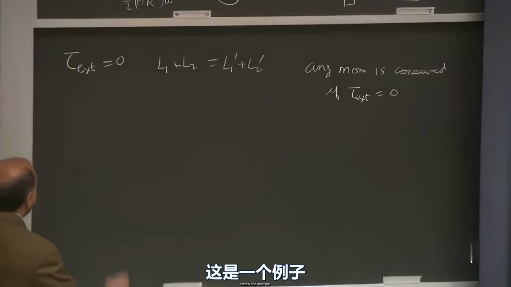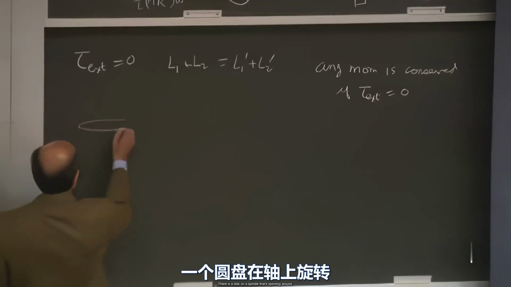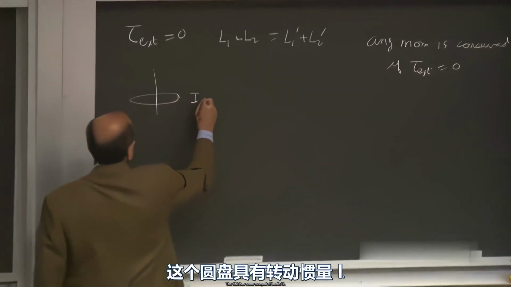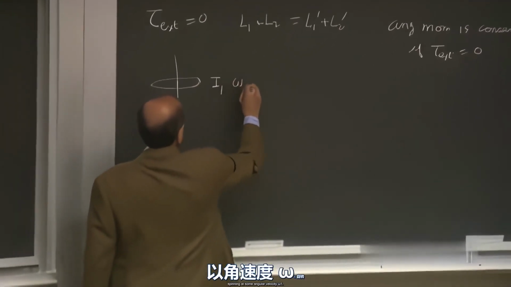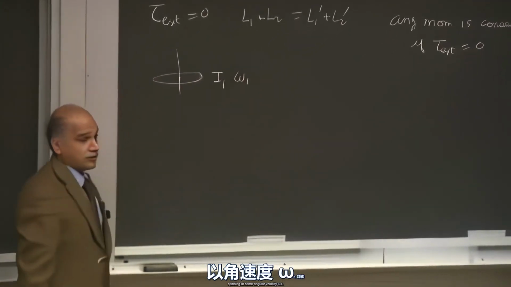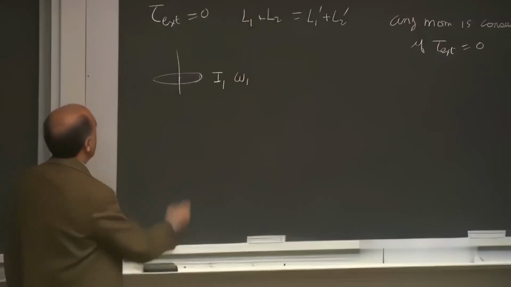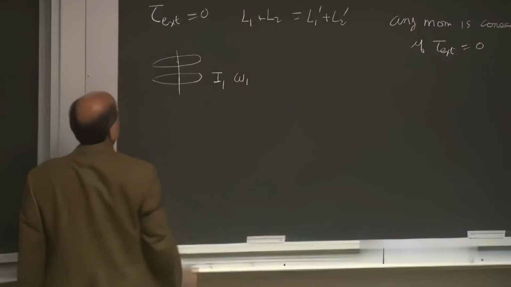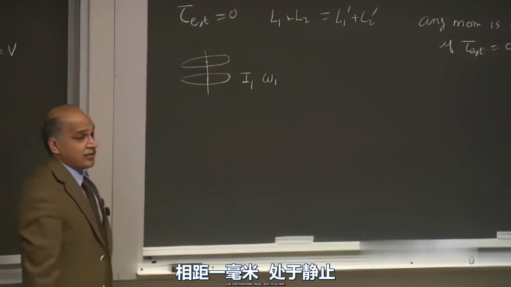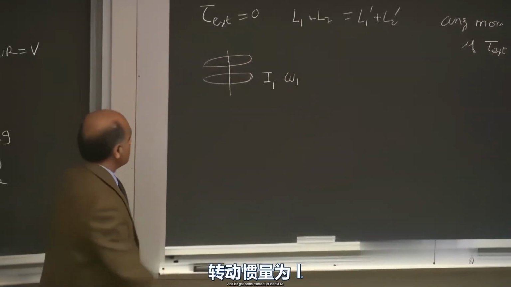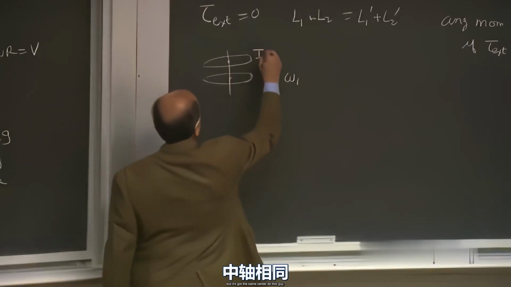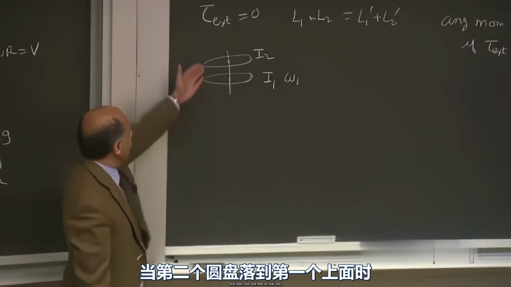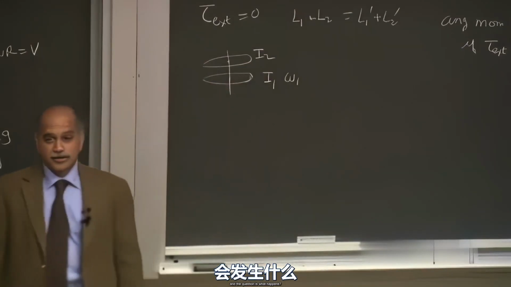Here's one example. There is a disk on a spindle, just spinning around. The disk has some moment of inertia I1. It's spinning at some angular velocity omega 1. On top of this is a second disk, just 1 millimeter away, and it's at rest. It's got some moment of inertia I2, but it's got the same center as this guy. And then this one falls on that one, and the question is what happens.